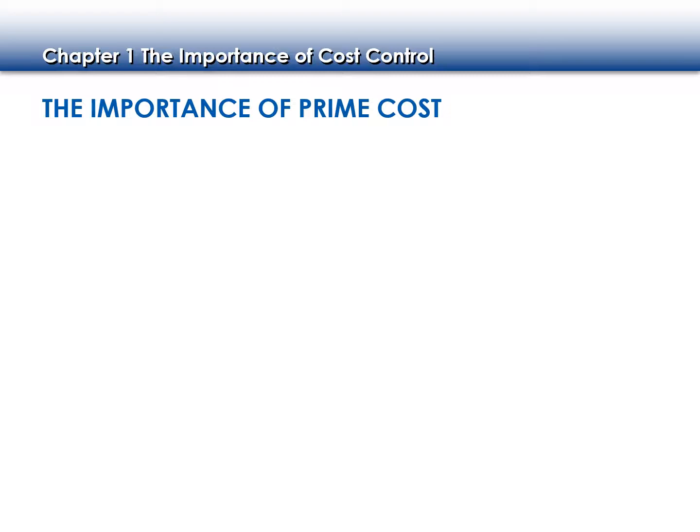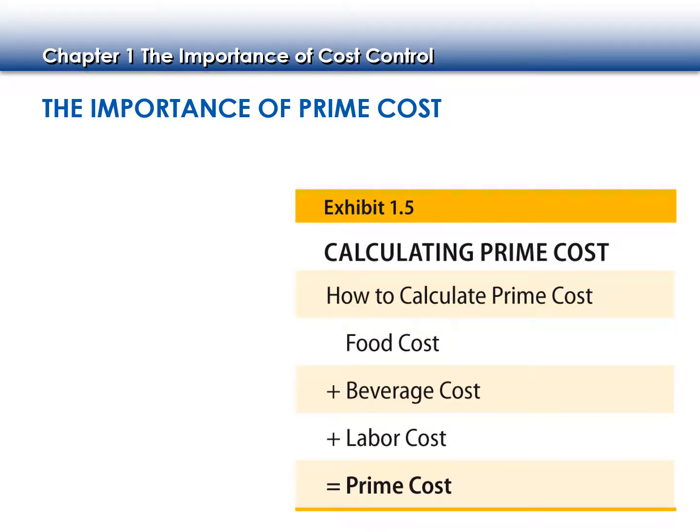Oftentimes we combine food and beverage together, but later on in another class, if we look at a profit and loss statement or an income statement, food and beverage is separated, okay? And so our prime cost is our food cost, beverage cost, and labor all together.